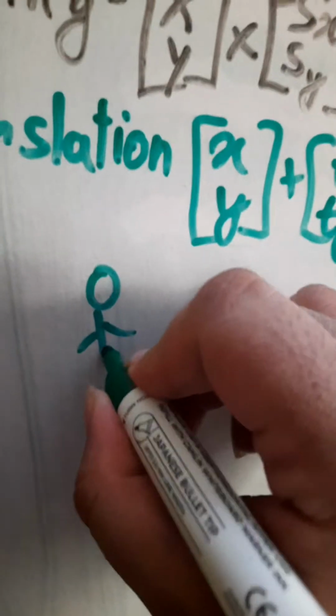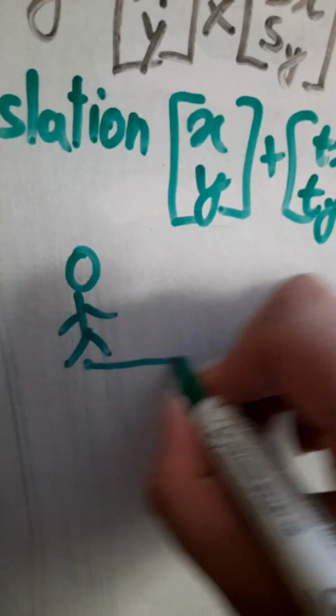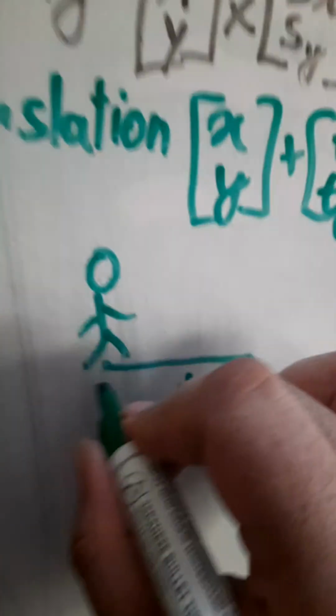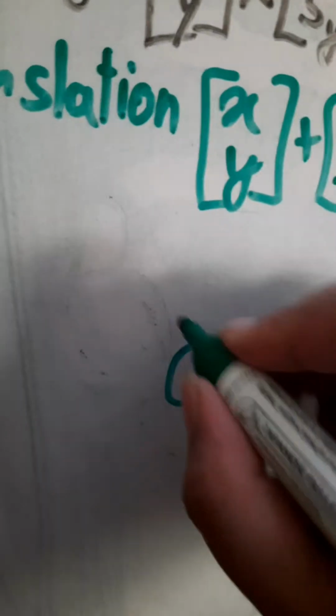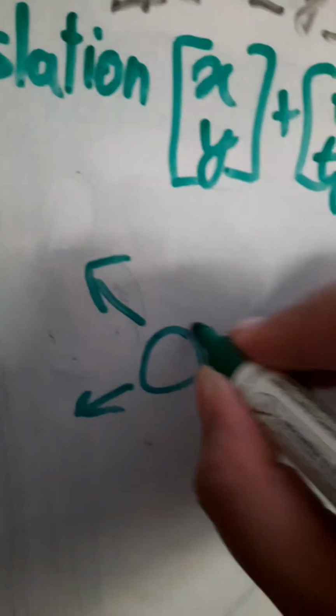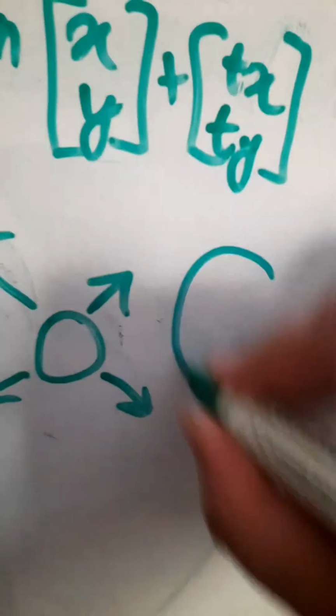Let's say he is an object, I have to make him walk this much distance, which is tx, so I have to add it, right? Then it would move. But in stretching an object, I have to multiply on all sides of it, then only it will stretch, right?